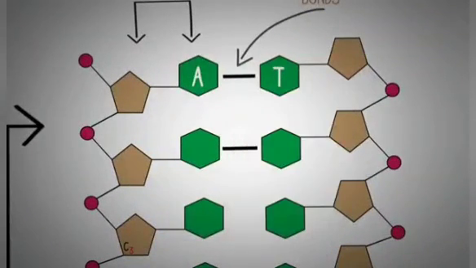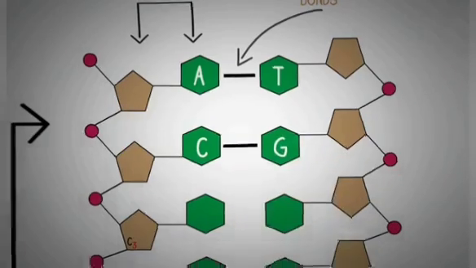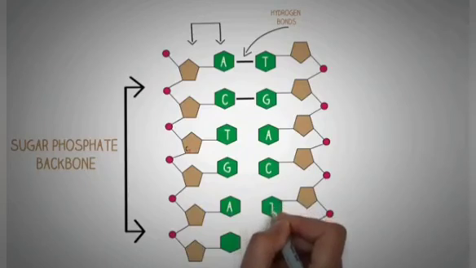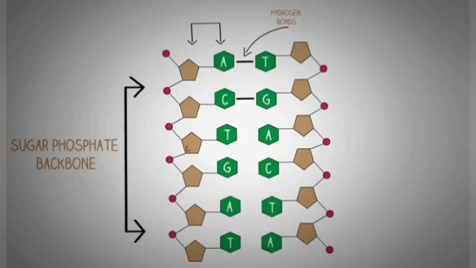So here you can see adenine forms a hydrogen bond with thymine, and similarly thymine forms hydrogen bond with only adenine. In similar case, guanine forms a hydrogen bond with cytosine and vice versa.